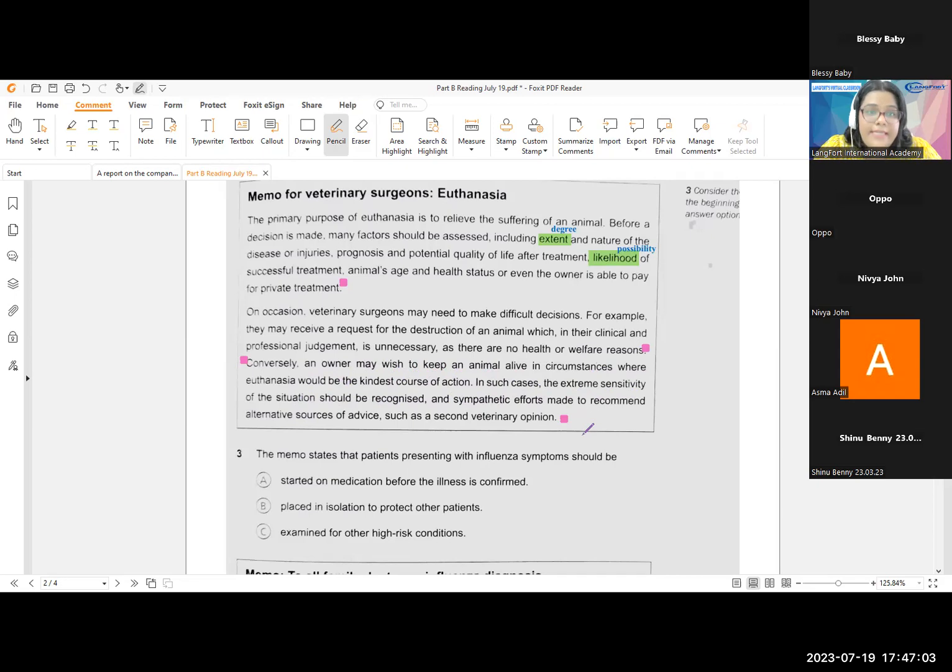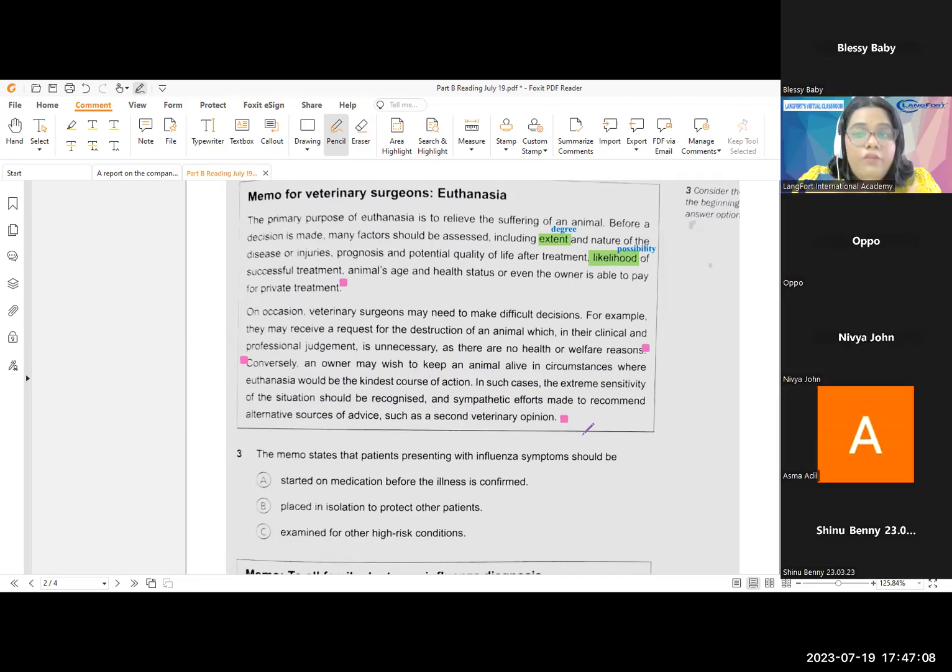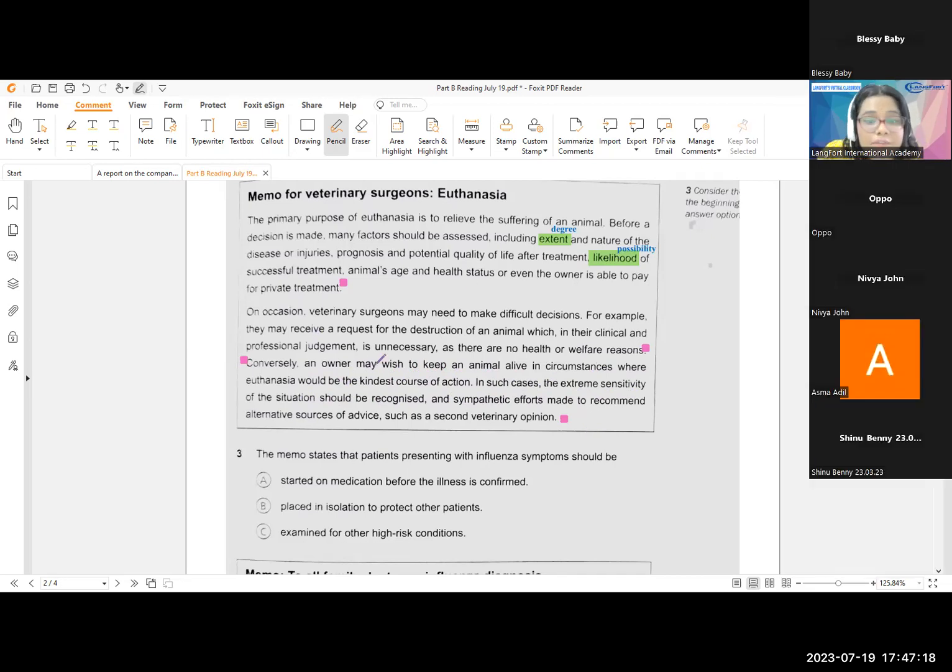Okay, so they said that on occasion, veterinary surgeons may need to make difficult decisions. So, for example, sometimes even though the health and welfare of the animal is okay, they may be asked to conduct a euthanasia. Or, on the other hand, the owner of that animal may want to keep the animal alive, even though carrying out euthanasia would be the kindest thing to do. Even if mercy killing would be the choice at the time, the owner might not agree to it.